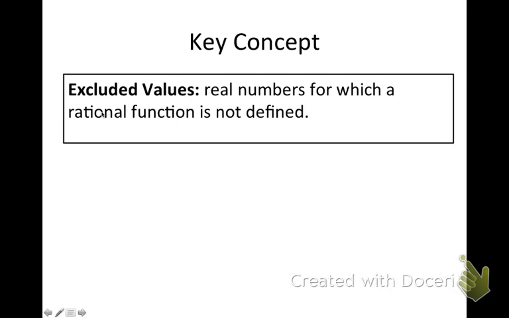So what are those values called? Excluded values. So those values in our domain that make the denominator equal to 0 are our excluded values.